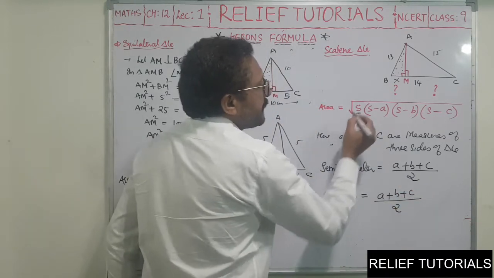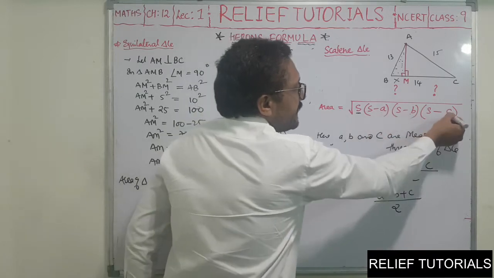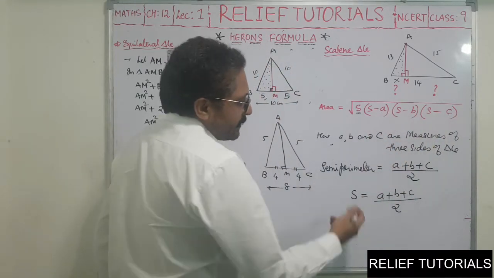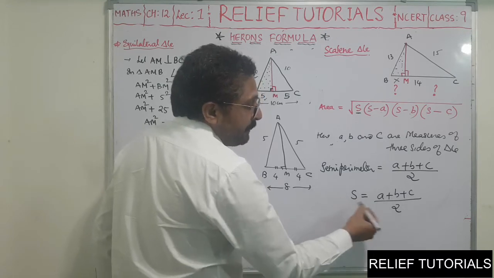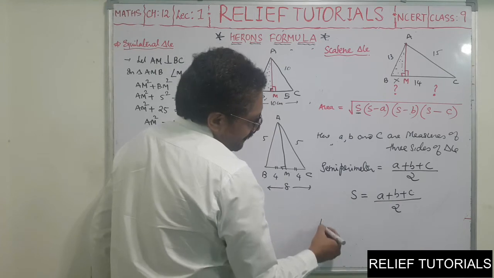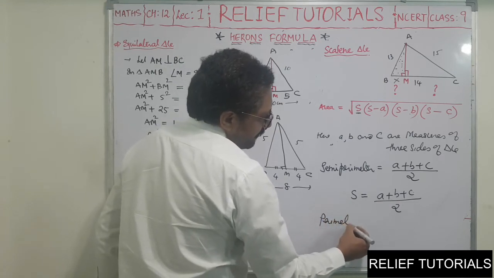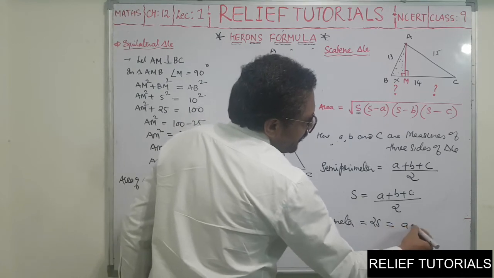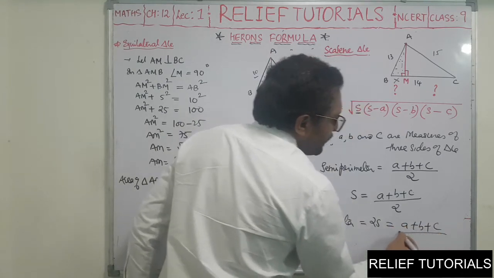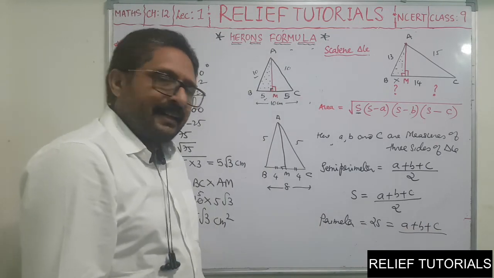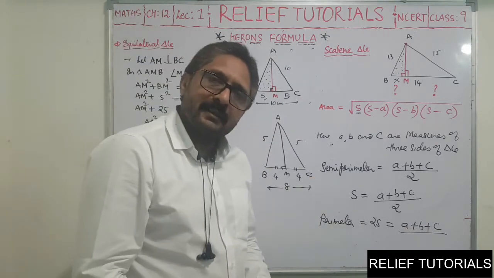This S is semi-perimeter. A, B, C are measures of three sides of a triangle. Perimeter means A plus B plus C, which is equals to 2S. We know that perimeter is sum of three sides and it is denoted by 2S, and S is semi-perimeter.